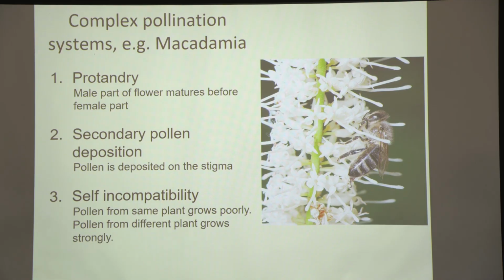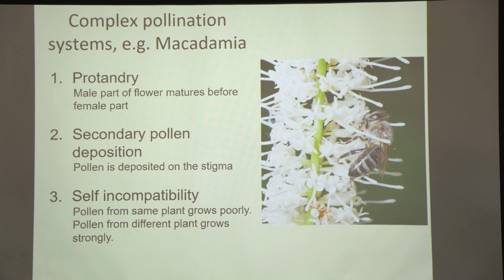So what the plant would like to happen is that the pollen gets dumped here, a bee comes along and removes that pollen, and then that pollen goes and fertilizes other flowers that are in the mature female stage.